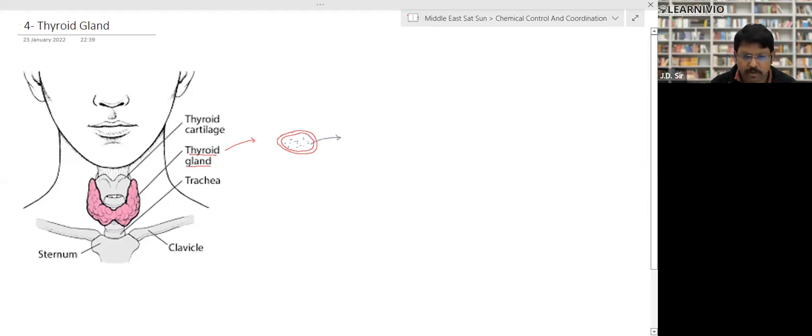These structures are called thyroid follicles. So thyroid follicles are found in the thyroid gland.